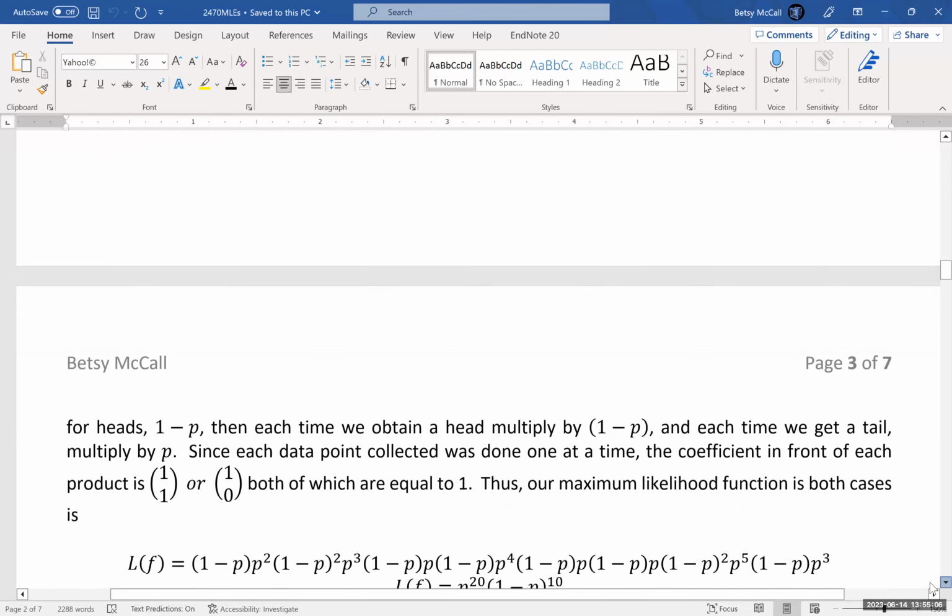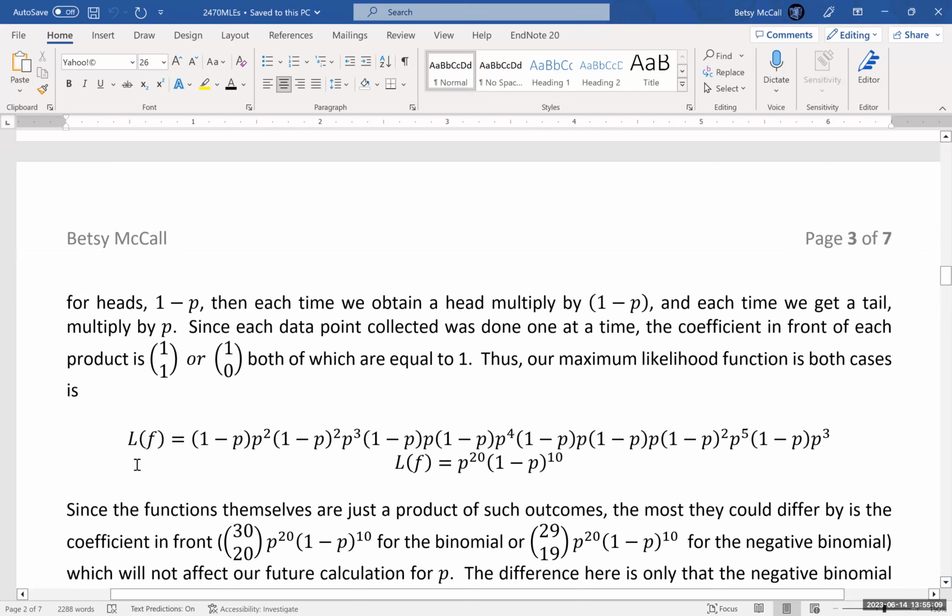And so we're converting our outcomes of heads or tails into strings of either 1 minus p every time there's a head, or p every time there's a tail. And if there's copies of them, we can shorten this by using exponents. So 1 head, 2 tails, 2 heads, 3 tails, 1 head, 1 tail, 1 head, 4 tails, 1 head, 1 tail, 1 head, 1 tail, 2 heads, 5 tails, 1 head, 3 tails.